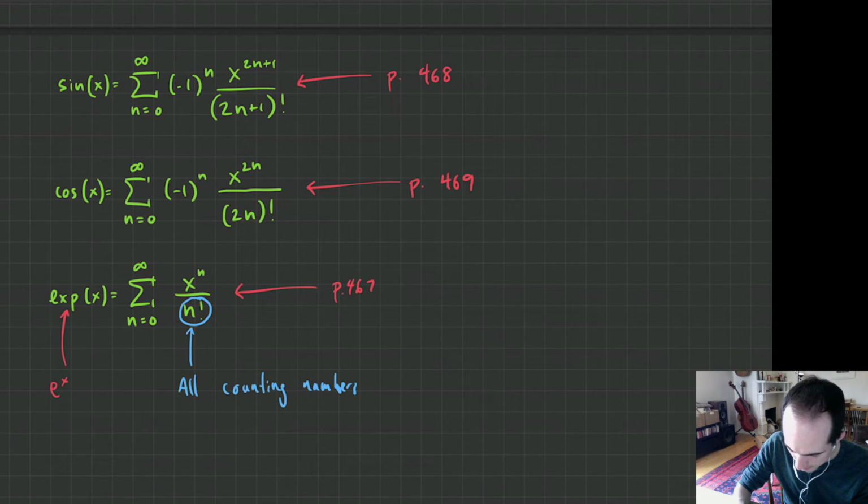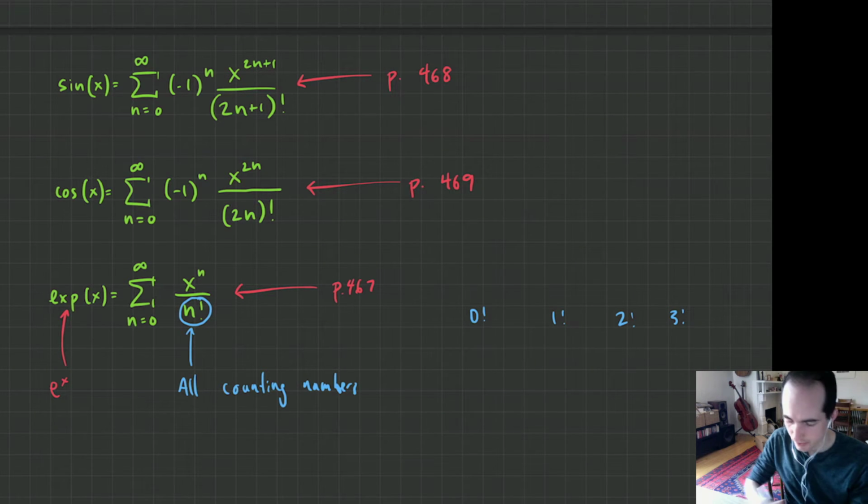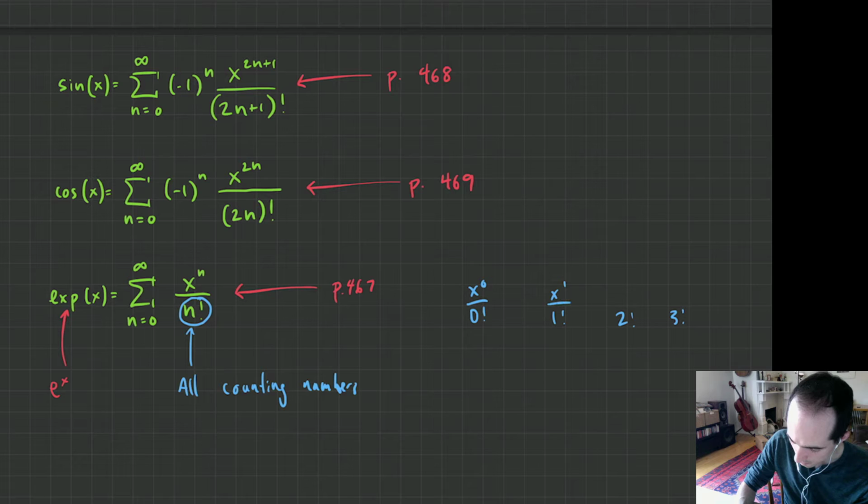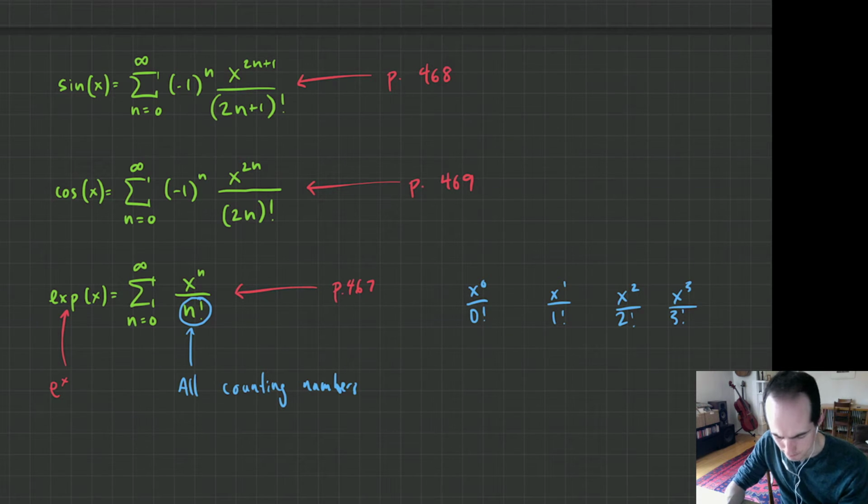We'll see 0 factorial, 1 factorial, 2 factorial, 3 factorial, right? We're incrementing this factorial by 1 each time. And similarly, we're going to see the same thing in the numerator. We're going to have x to the 0, x to the 1, x squared, x cubed, right?